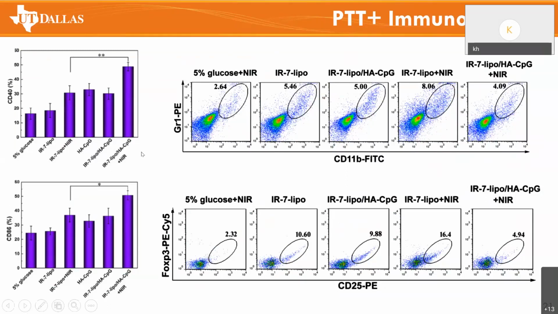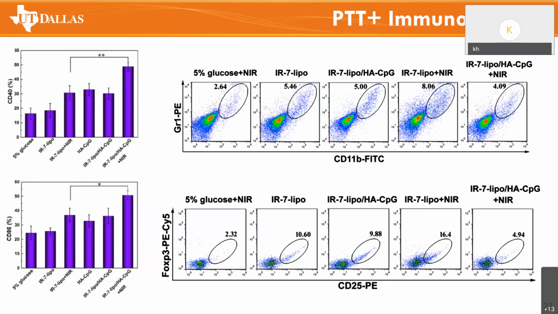Here is the marker for myeloid cells, showing that the percentage is increasing. It was about 3-fold compared to the control group. And they also checked the T regulatory cells, whose marker is FOXP3, and they found that it was 7-fold more for PTT compared to the control.